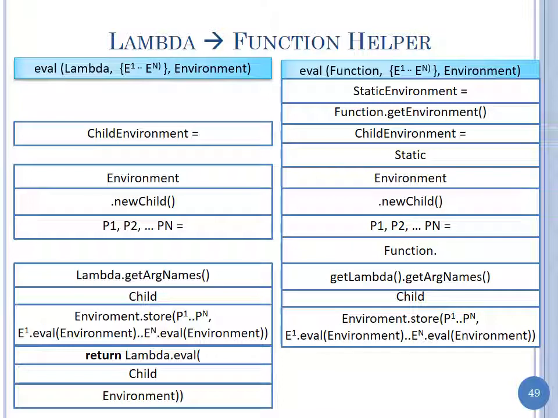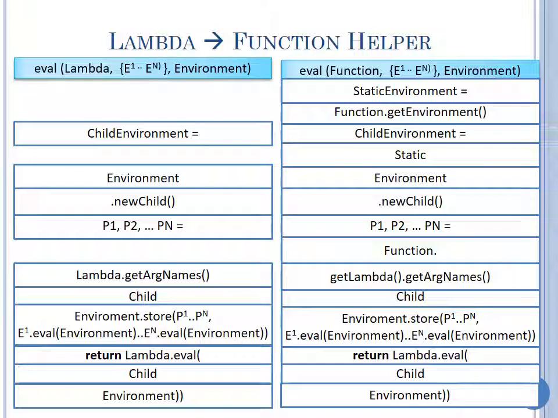From the lambda, I'll get the arg names. Okay? And go and associate them in the child environment. And then now that I've got the environment all set up, I'll just say lambda dot eval child environment. Right?